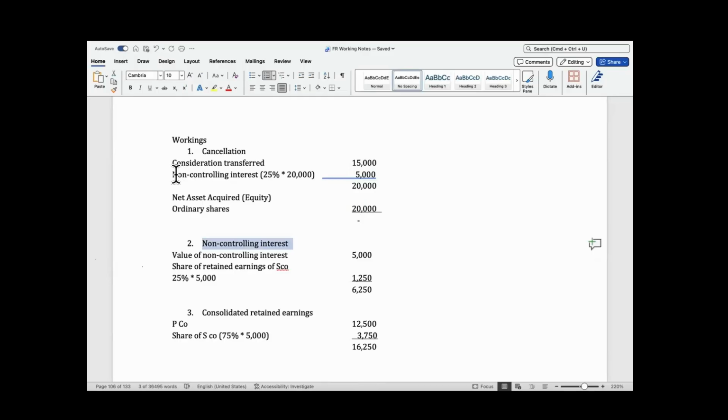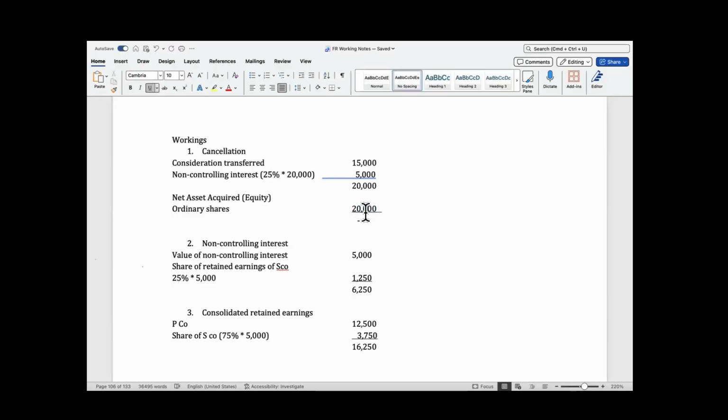All we are using this for is just to bring this up to 100%, so that it's easily cancelled out. We don't want to get NCI as a balance. Because like I've explained, I can cancel out 15 against 75% of this. I can just do 75% of this, it gives me 15, and I do my cancellation and move forward.